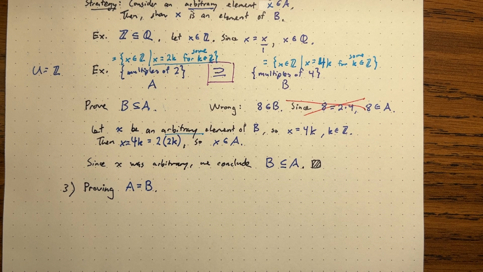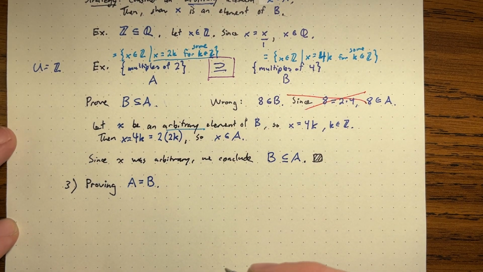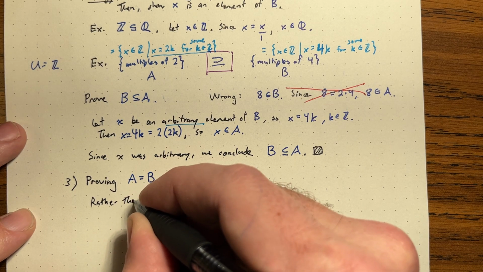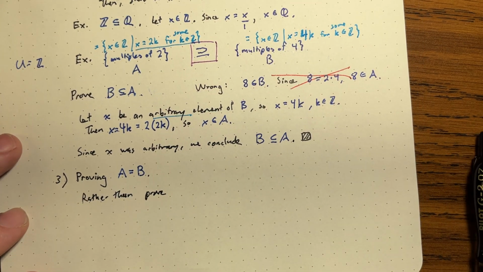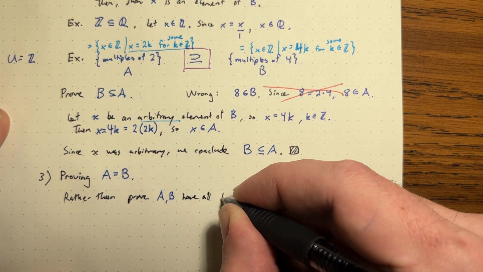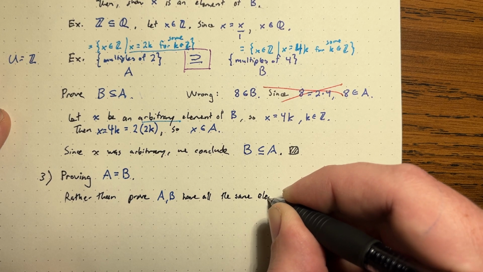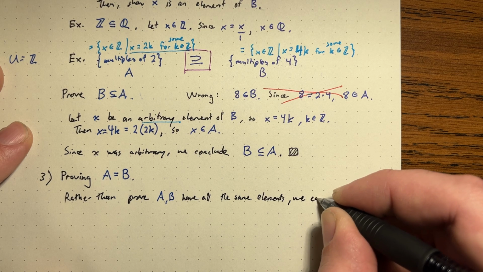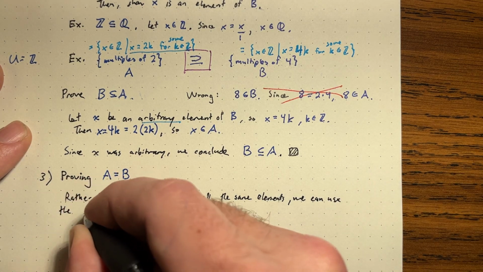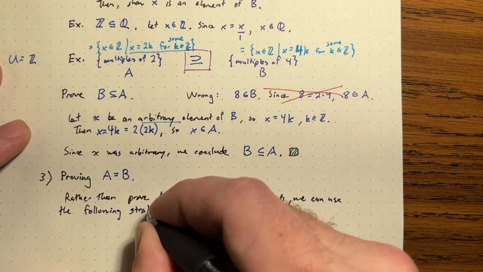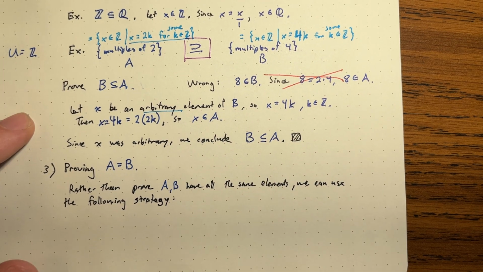Yeah, so this can be quite tricky, but there is a method that makes it much easier to think about. Rather than trying to prove A and B have all the same elements directly, we can use the following strategy, and this is a rather surprising idea, but it is a standard idea.